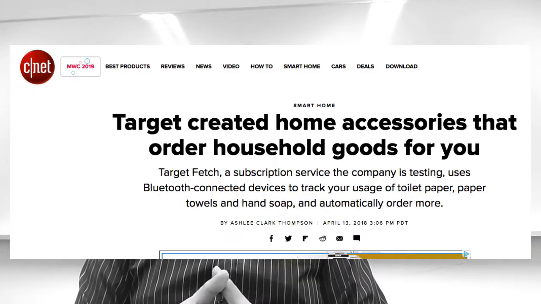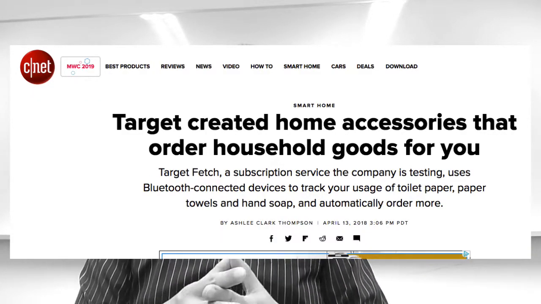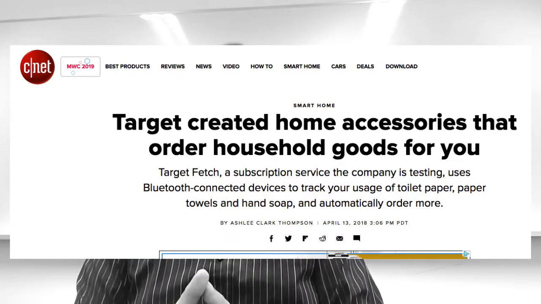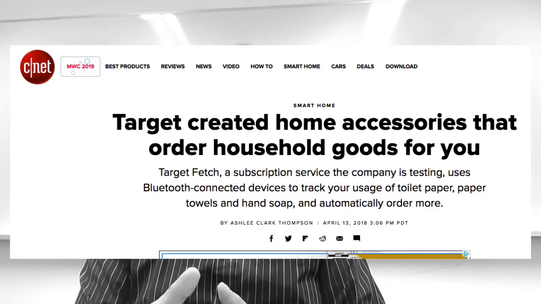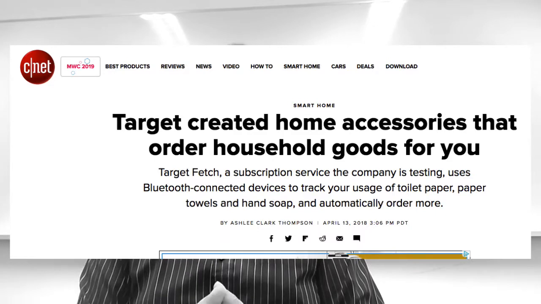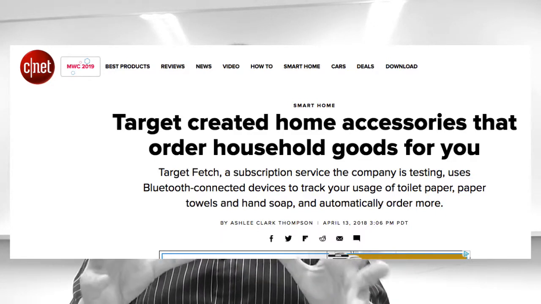Then another example using this remove method is the concept of e-commerce, or what we call automated commerce. In this case, Target, the US retailer, actually has this Fetch program.